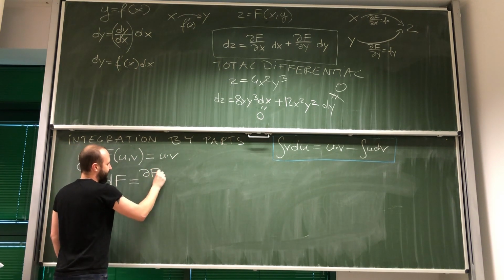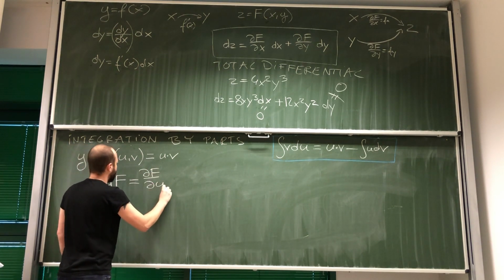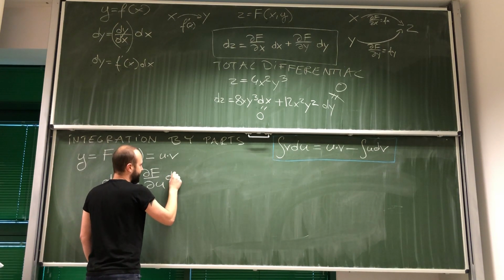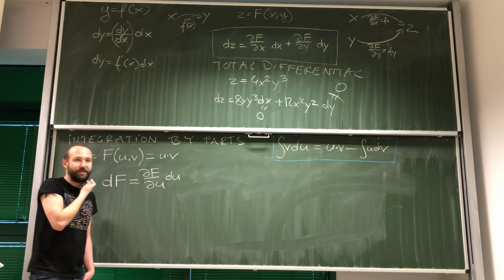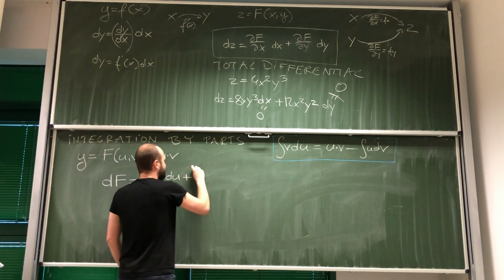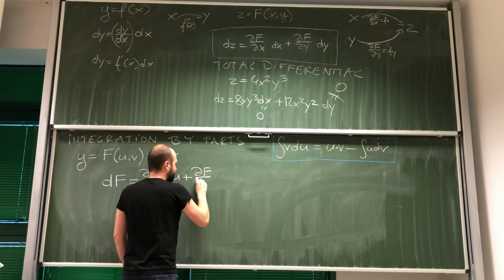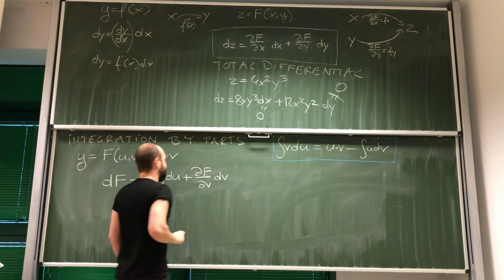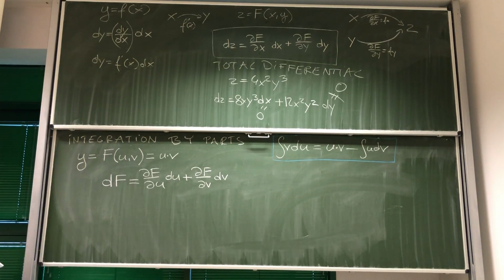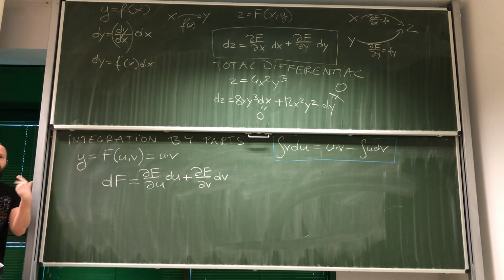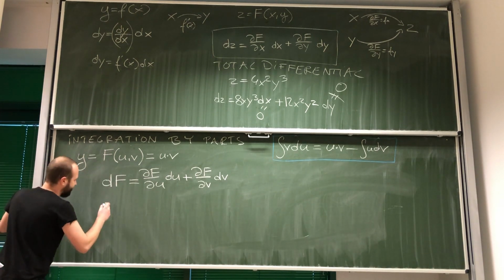The derivative of function f with respect to u times du, plus the derivative of function f with respect to v times dv. Okay, so look, now I'm going to write this expression a little bit differently, but I hope you can imagine why I am doing it like this.